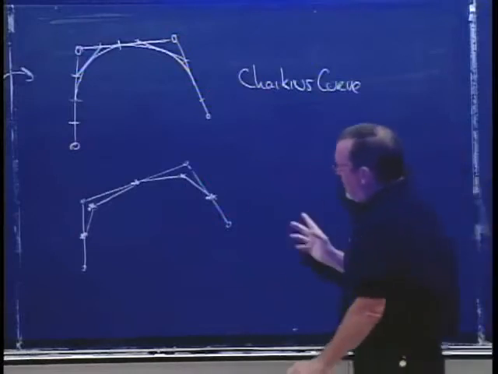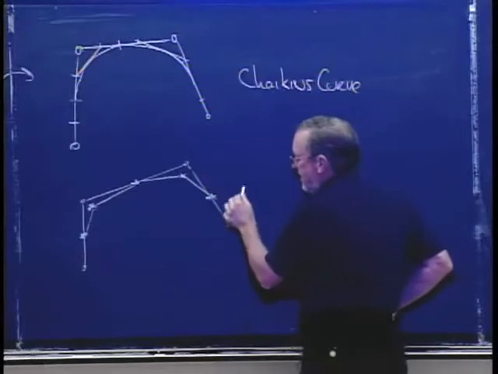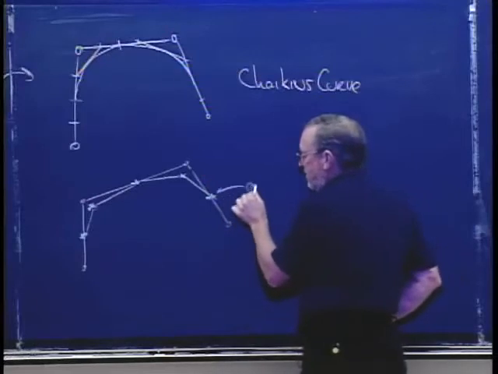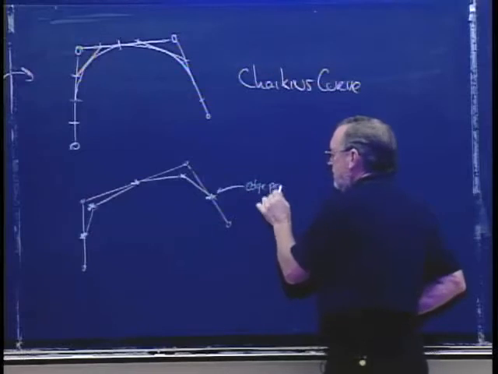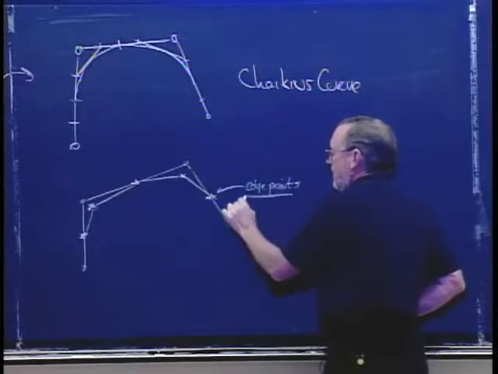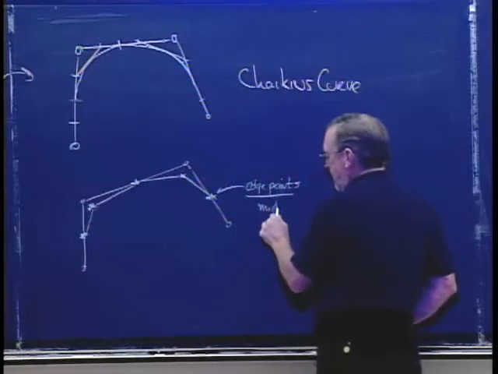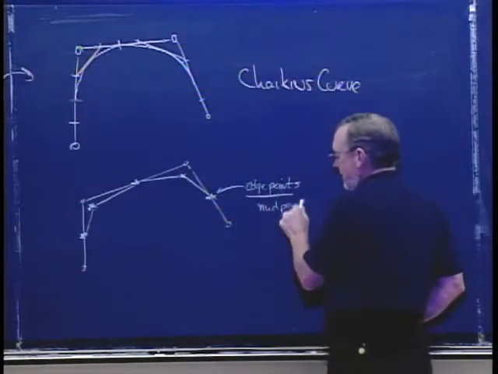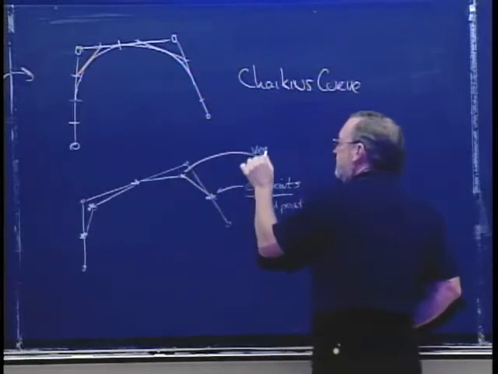Now it looks kind of funny this way. We actually break this subdivision procedure into these two things where we have these points here, which are called edge points, which are just the midpoints of these segments, and we have these points here, which are called the vertex points.